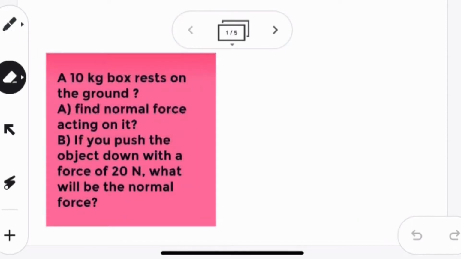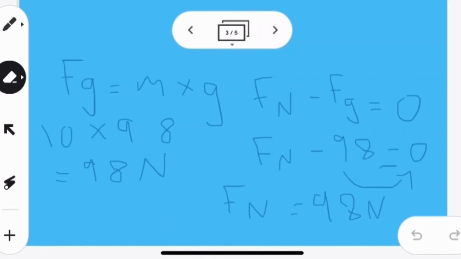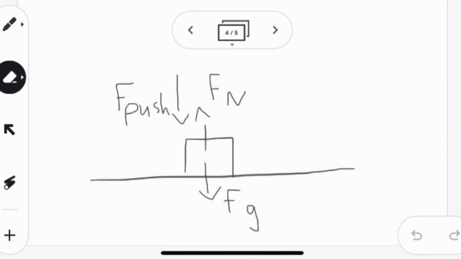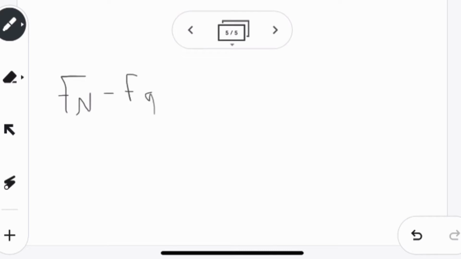Now let's solve B. If you push the object down with a force of 20 Newton, what will the normal force be? Okay, so we have a new force acting on the box, which is pushing it down 20 Newton. So to find the new normal force, we will subtract normal force minus Fg minus the 20 Newton, which is the push force, equals to 0.